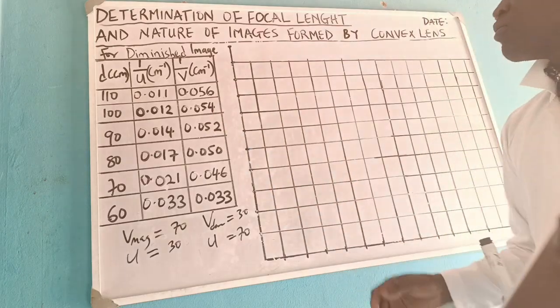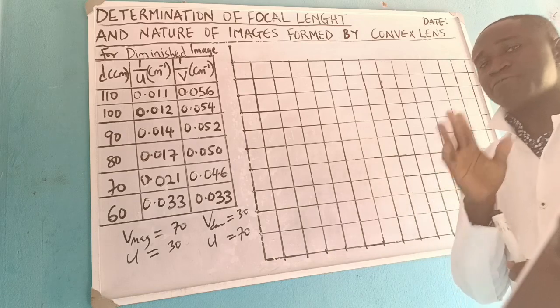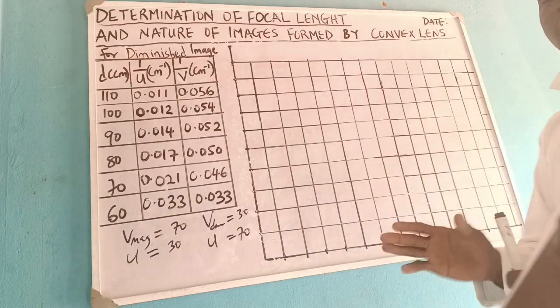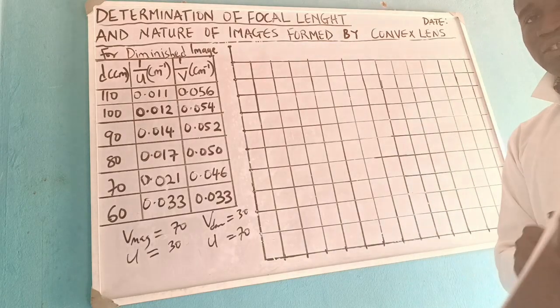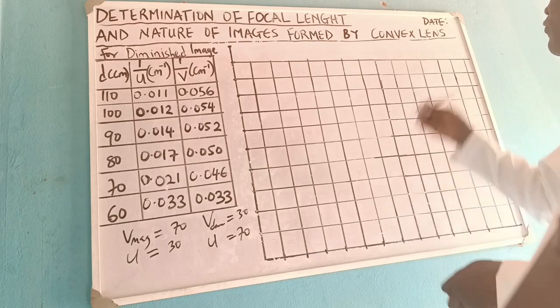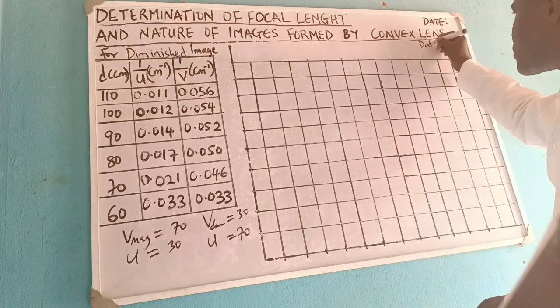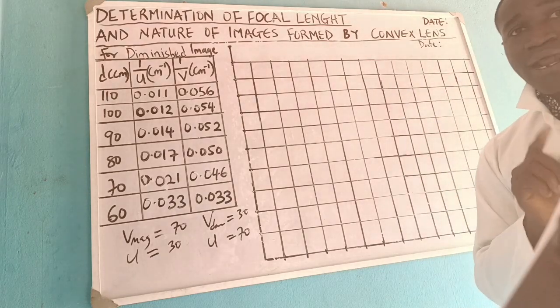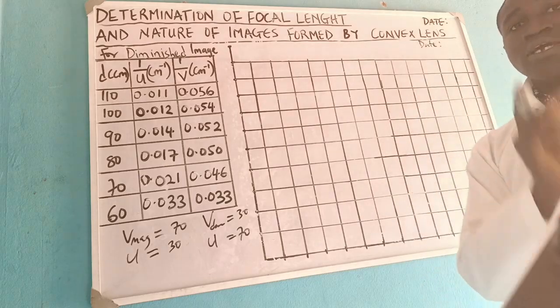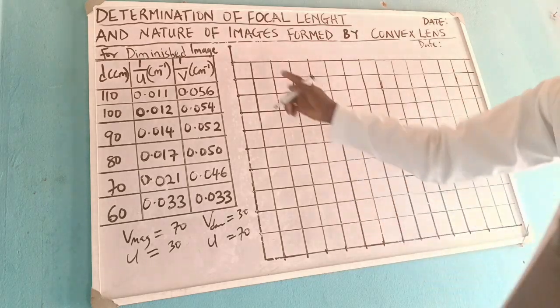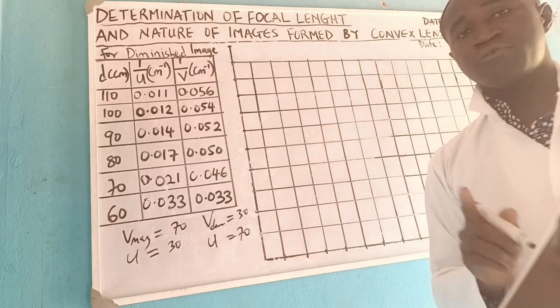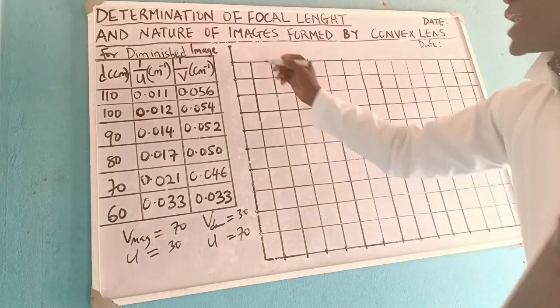Now, as I always say in my videos, if you want to do your graph plotting, first and foremost, write the date of the experiment on the graph sheet. That is rule number one. Then write the title of the graph. Very important. And what is the title?